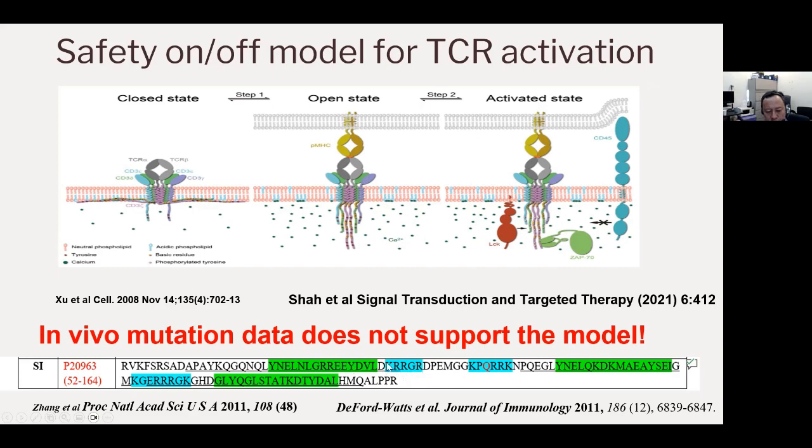People suggested those charges may play a role in interacting with the acidic, negatively charged membrane. So basically in the inactive state, the CD3 zeta will bind to the membrane. Then when you have the antigen, it will bind and trigger a conformational change, so those residues will be exposed to solvent. Then the LCK can come to do the phosphorylation. So that's activation. They call this the safety on-off model.